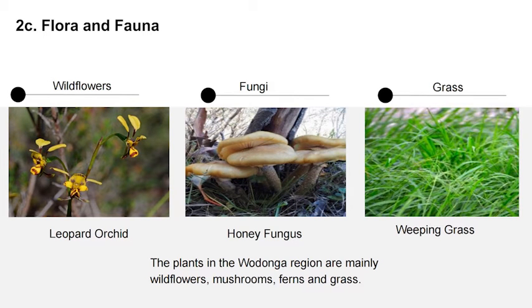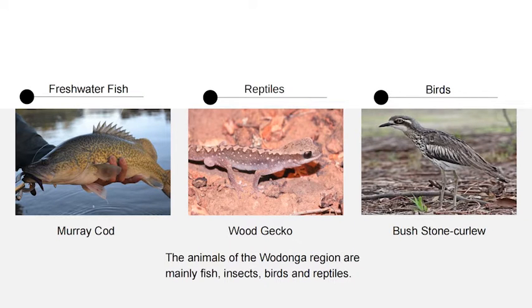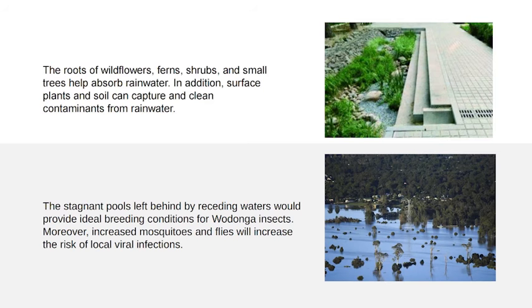In Wodonga, the primary plants are wildflowers, mushrooms, ferns, and grass. The main animals that can be found in Wodonga are freshwater fish, insects, birds, and reptiles. In flood disasters, plants can help absorb rainwater.